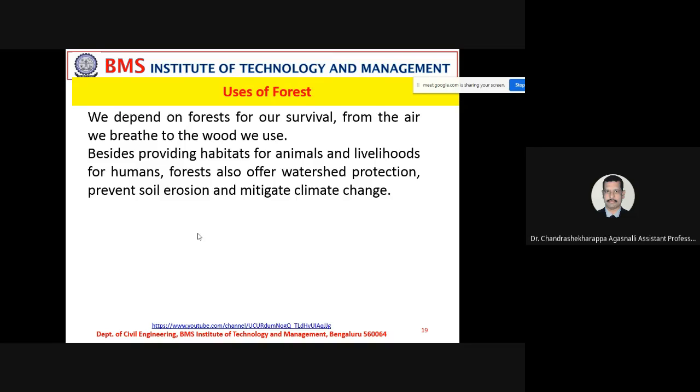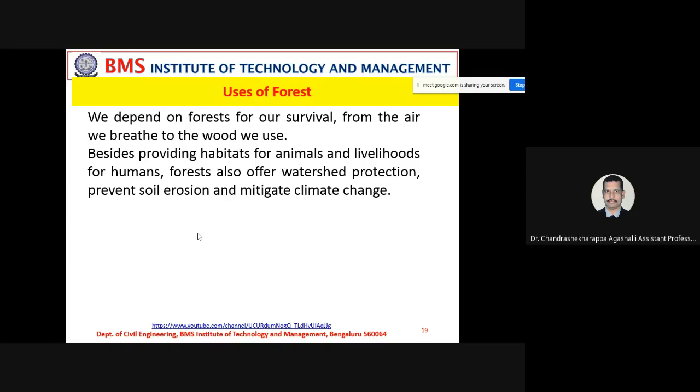The forest also offers watershed protection. A watershed is the streams and water bodies, how a river forms from the integration of many small and medium streams originating from the top of the hill.